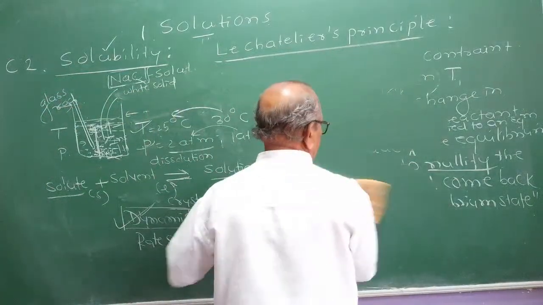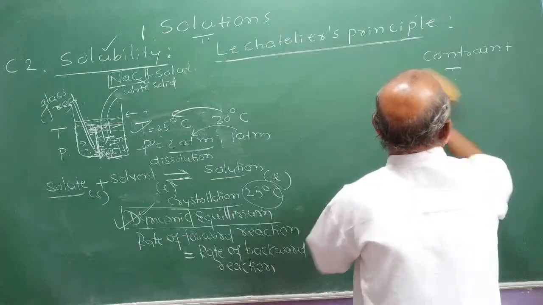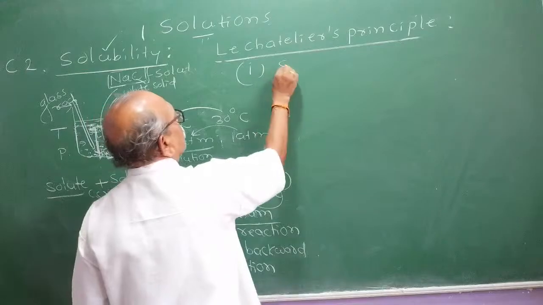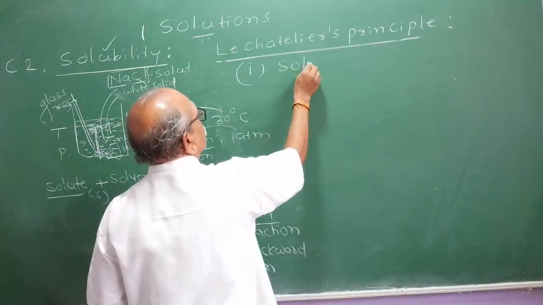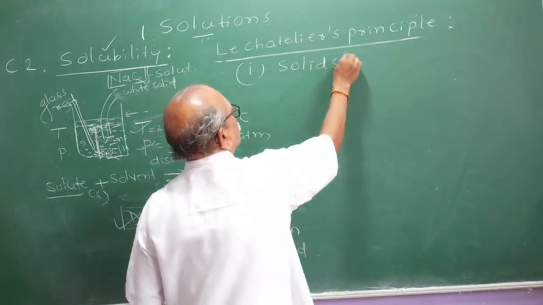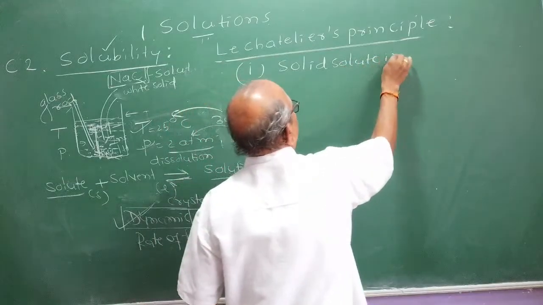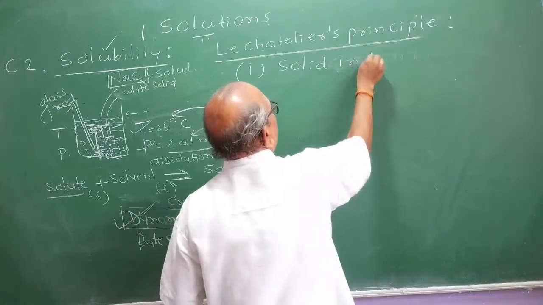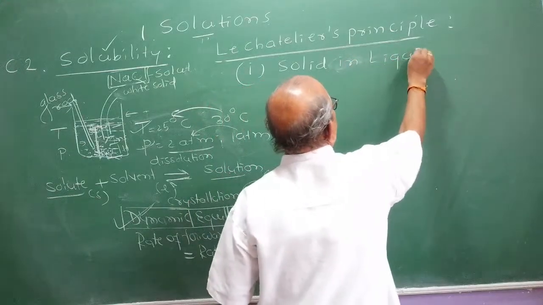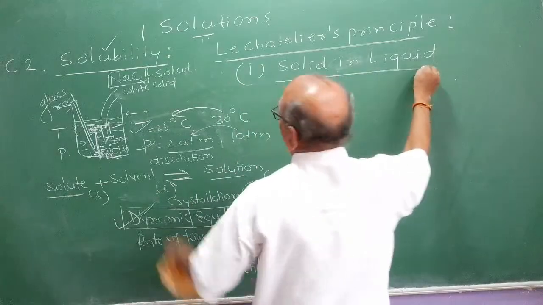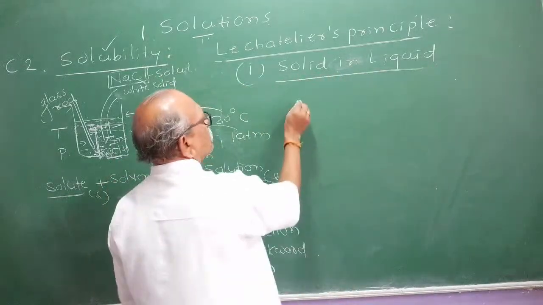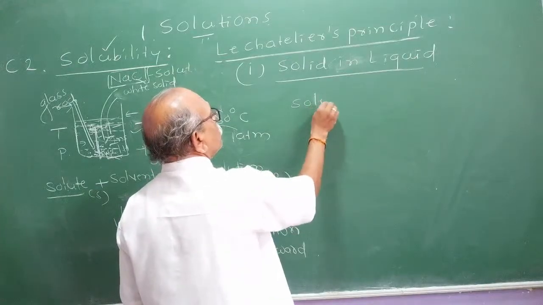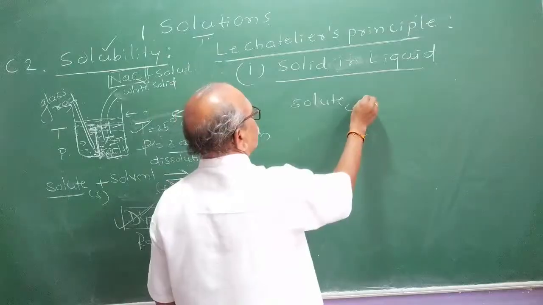Now we will see, we have got a dynamic equilibrium. Now I will write the dynamic equilibrium of a solution of a solid solute in liquid solvent. Means solid in liquid, like sodium chloride in water. Solute is in solid state.